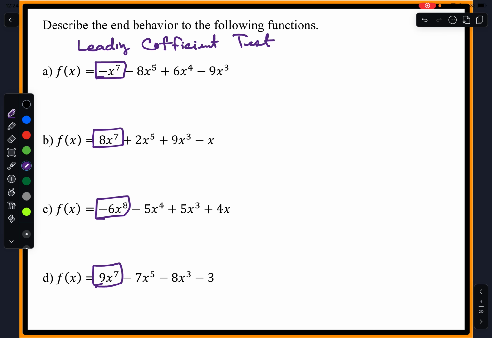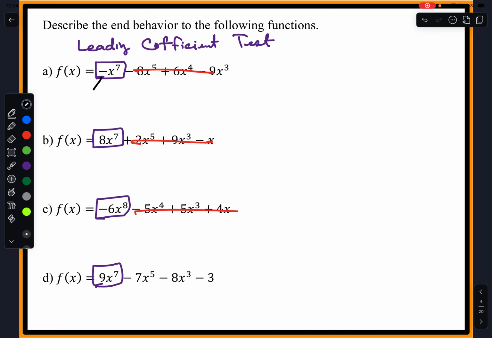All the other terms are irrelevant, so we can ignore them. The end behavior depends on 2 things: first, whether the leading term is positive or negative, and second, whether that leading term has an even or odd degree. So let's look at the first example, A.